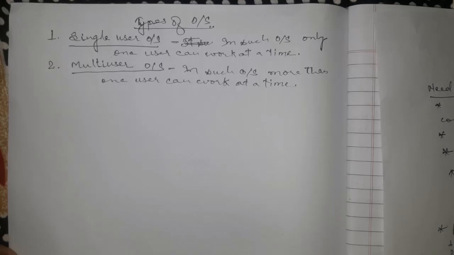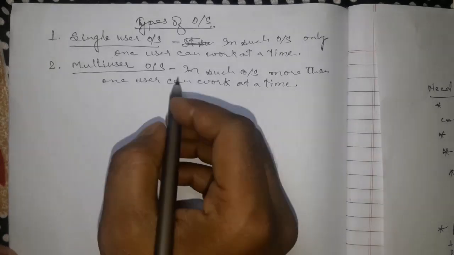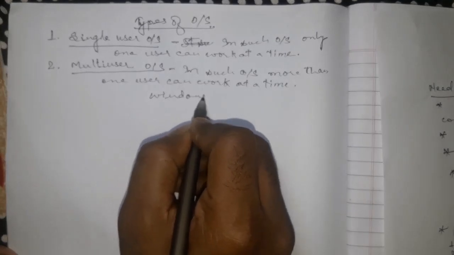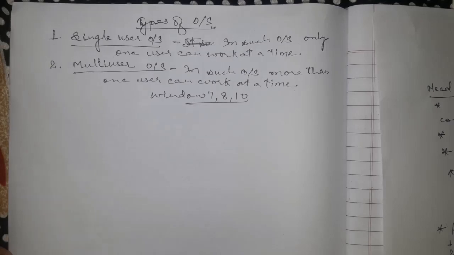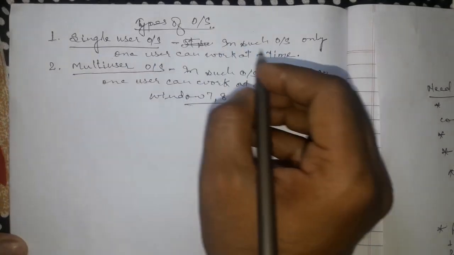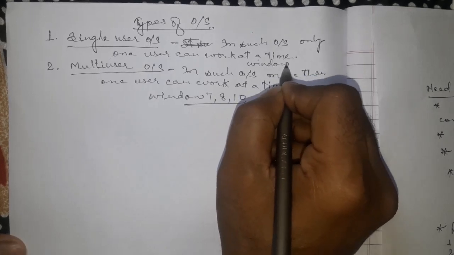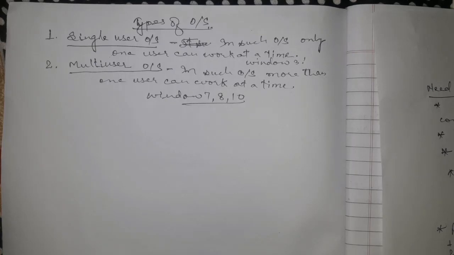An example of such operating system is the Windows operating system that you see at present, that is Windows 7, 8, 10, which are popular at present. And an example of single user operating system was Windows 3.1. This was the very first operating system, which did not allow more than one user.